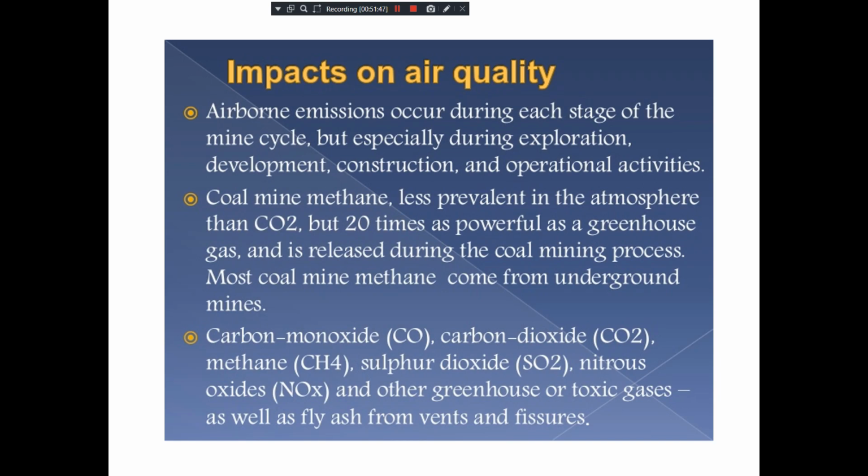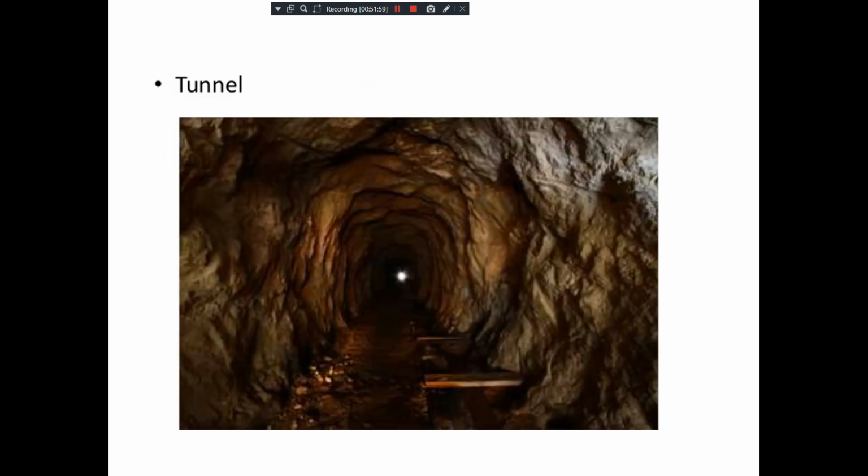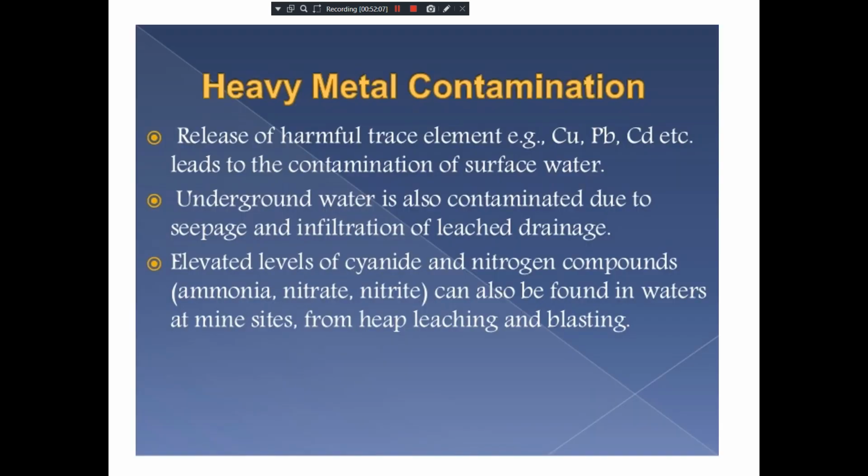At the same time, they are toxic gases. So they are seriously affecting the air quality. And see the dust when mining is going on. They are making tunnels in the earth's crust. That's also causing a lot of geographical problems there.